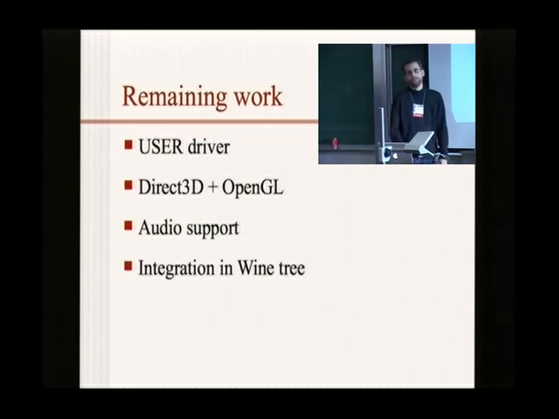Then I need to figure out how to make all of this build from the wine tree, which is going to be interesting because there is Java code. And of course I can put the graphics driver in the wine tree, but the graphics driver is not going to do anything useful unless it can call Java.